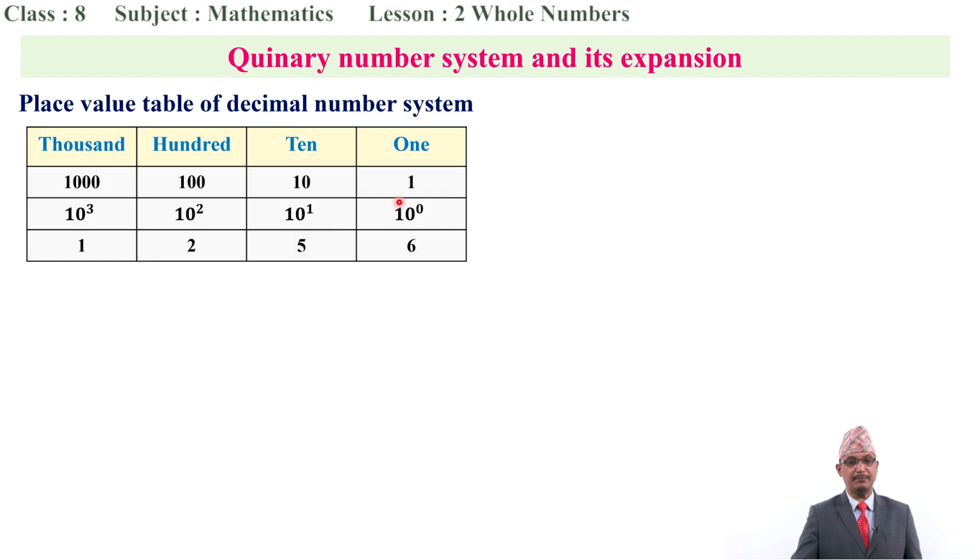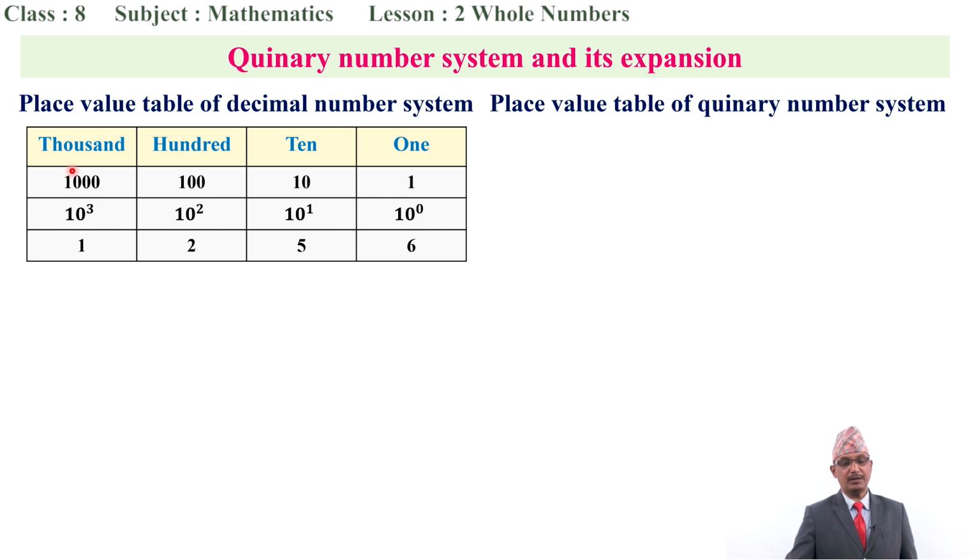And we have written the same thing here in numbers. 1 can be written as 10 to the power 0, because anything to the power 0 equals 1 except 0. 10 can be written as 10 to the power 1, 100 can be written as 10 square, similarly 1000 can be written as 10 cube. And in the place value table, we have taken 1256.